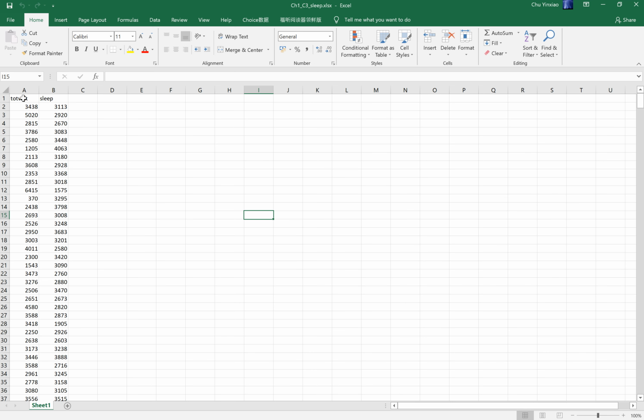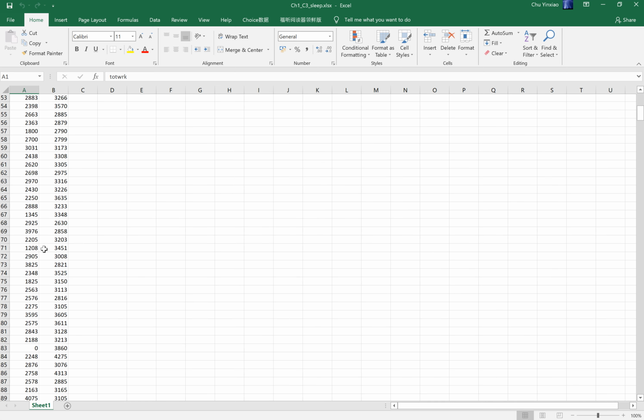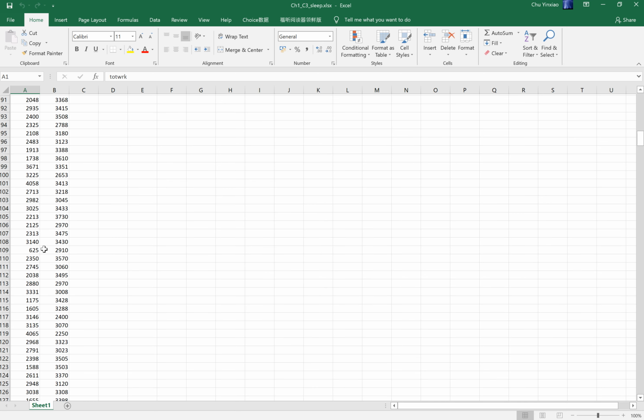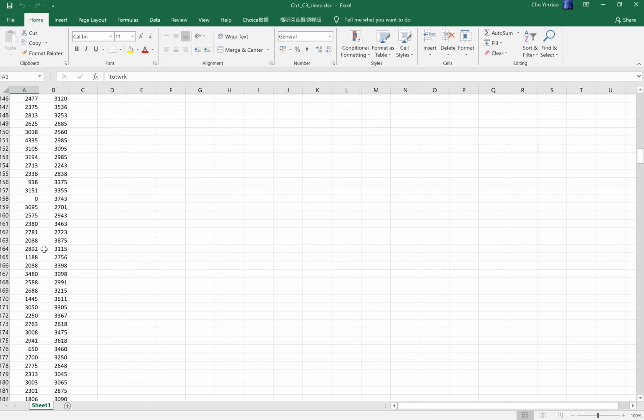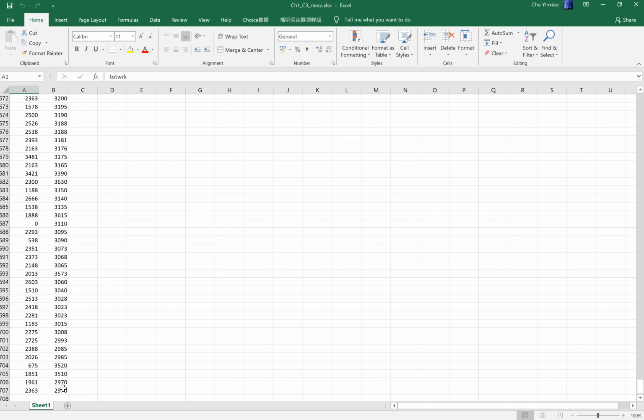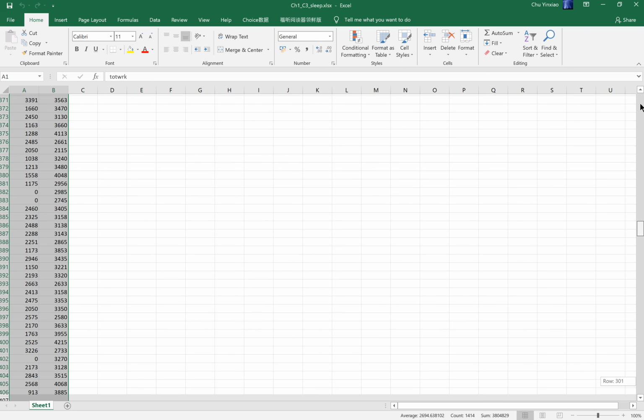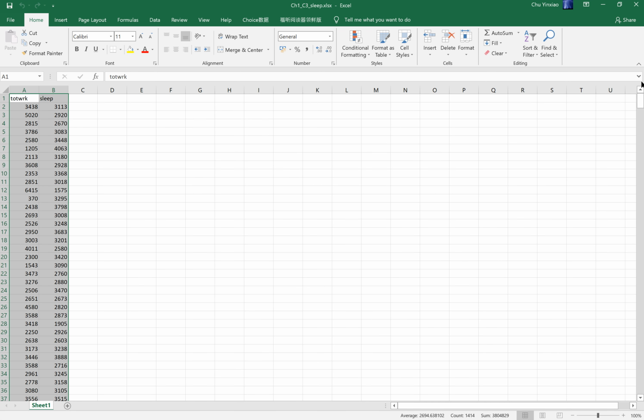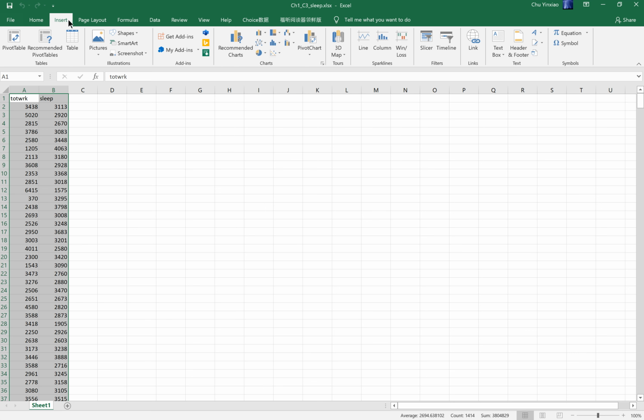So let me do this quick. To be more intuitive, I will illustrate the scatter plot. Choose all the data of these two columns and insert the scatter plot.